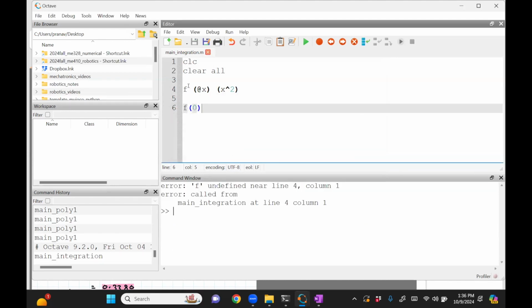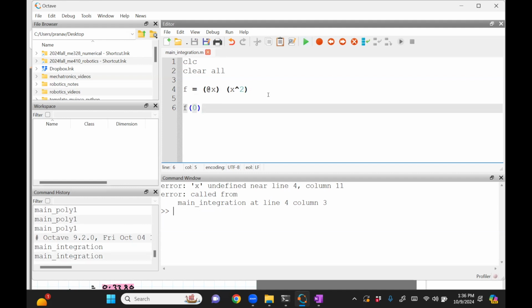Let me just save it on the desktop. I'm blanking on how to. Let me just get something here. Just blanking on the syntax. The syntax is okay. F equals at x. Okay, now it should work.